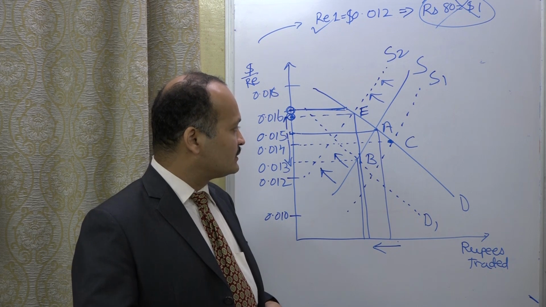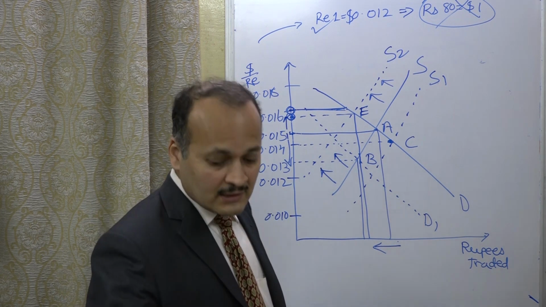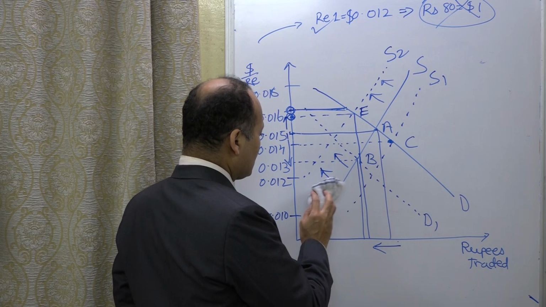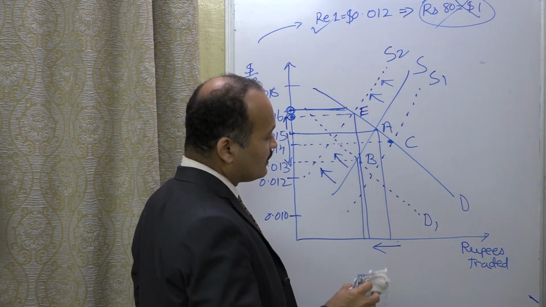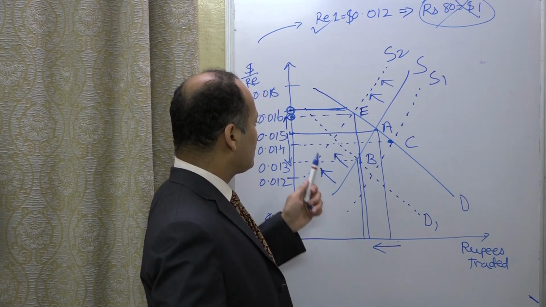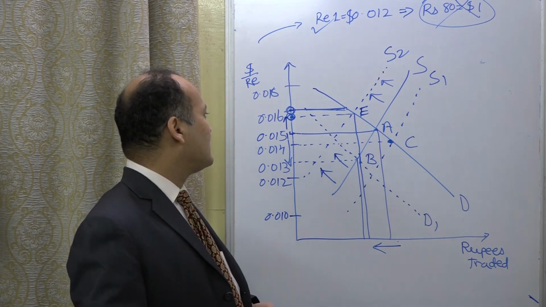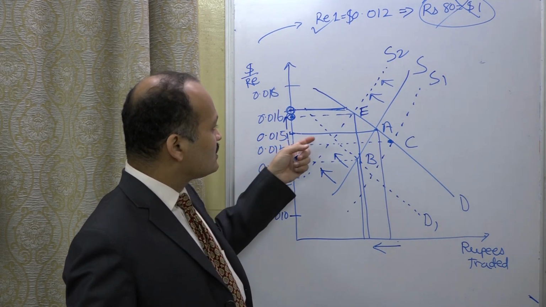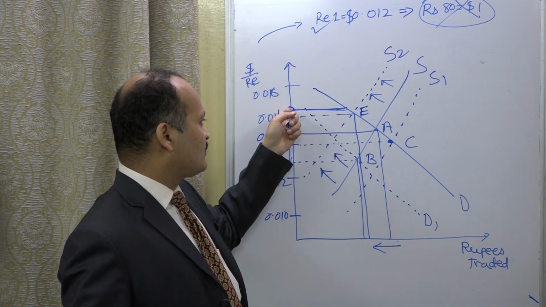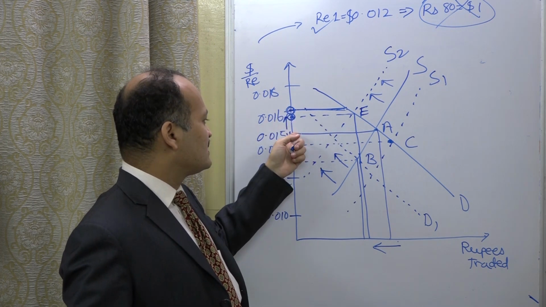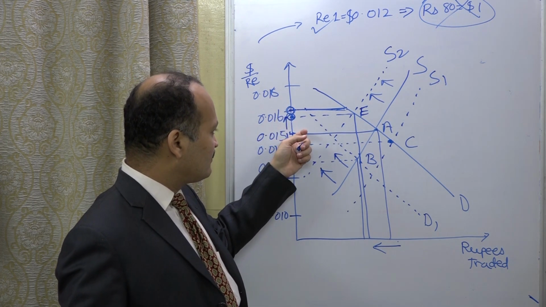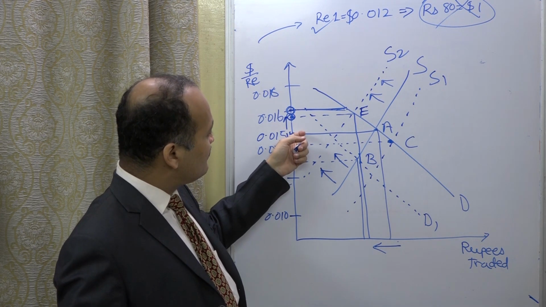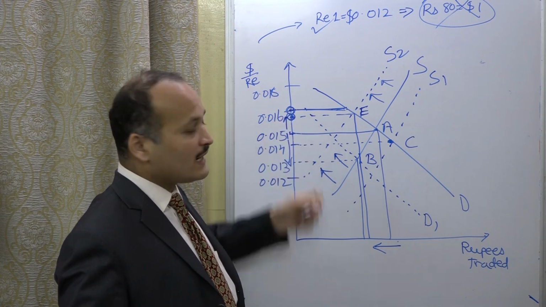Now, in this context, another thing which becomes important to discuss is what is known as the exchange rate risk, and why the central bank might, suppose initially you were at 0.016, for some reason you have come back to 0.015, and why the central bank again wants to take it back to 0.016.